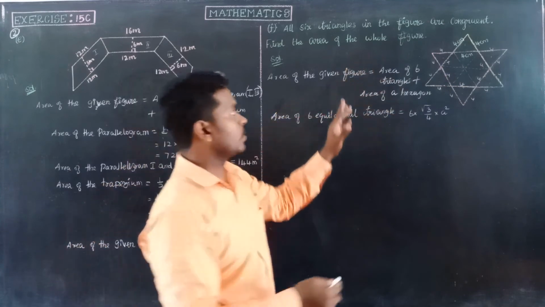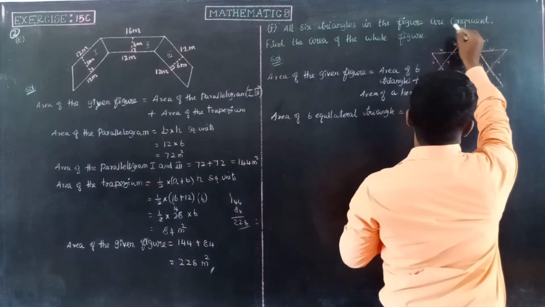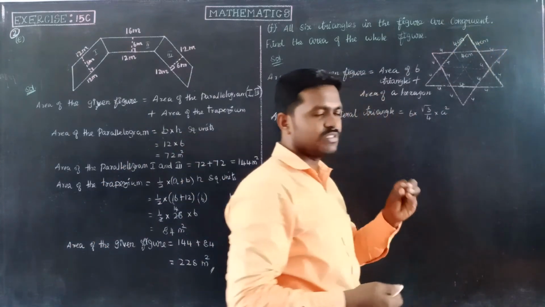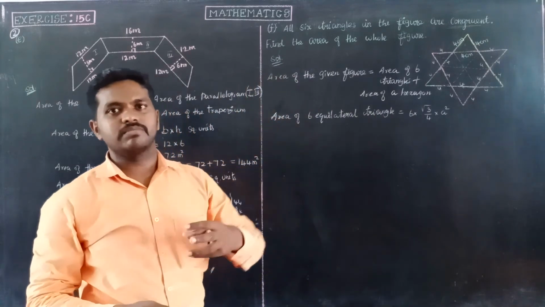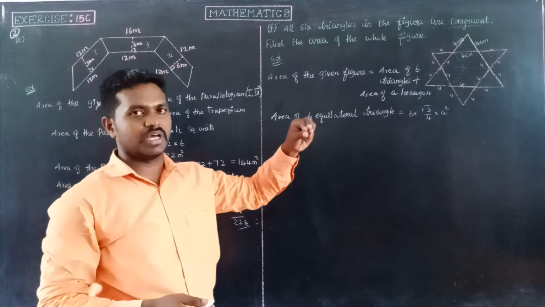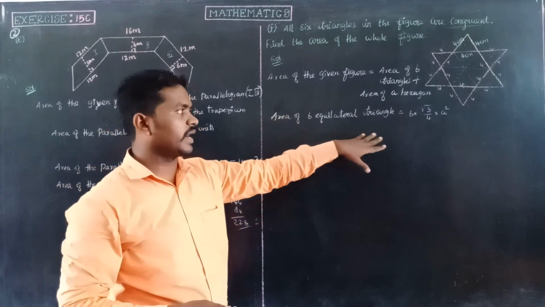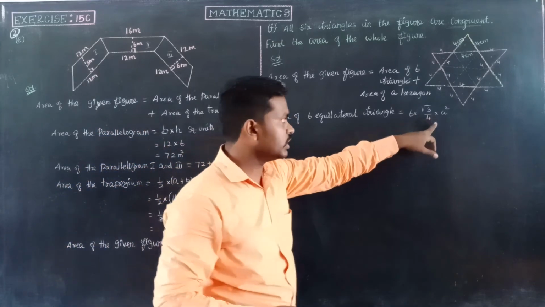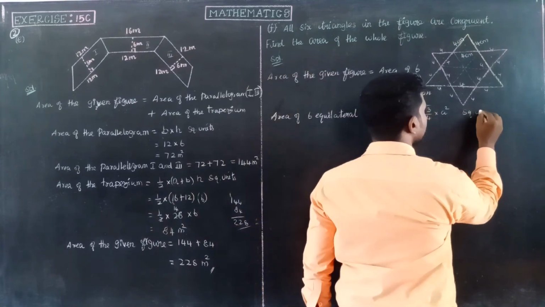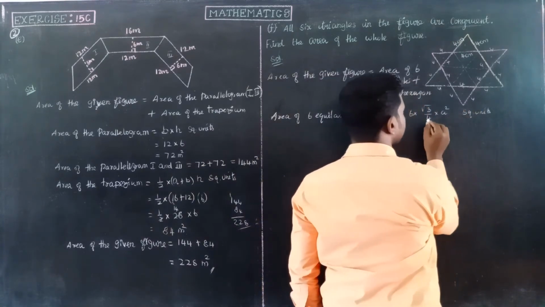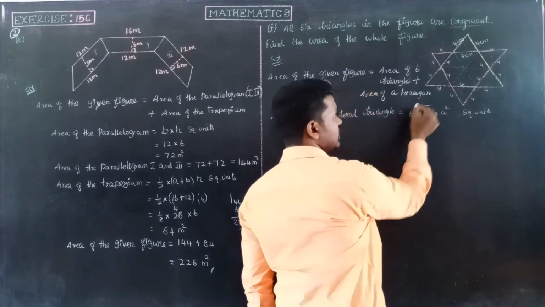In the question they said the triangles are congruent, and congruent means the triangles have the same shape and also the same size. So we can conclude the area of 6 equilateral triangles is 6 into root 3 by 4 into a square units.